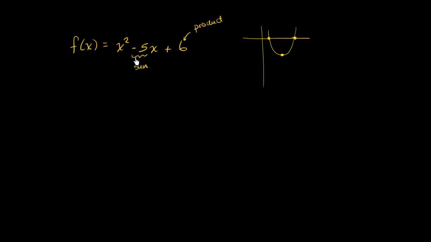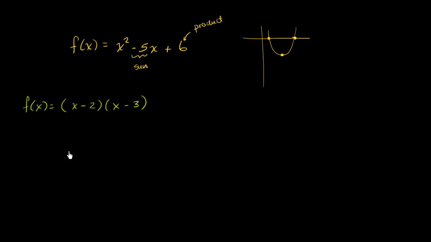And since their sum is negative, they both must be negative. So negative 2 times negative 3 is positive 6, and negative 2 plus negative 3 is negative 5. So we could write f of x as being equal to x minus 2 times x minus 3.